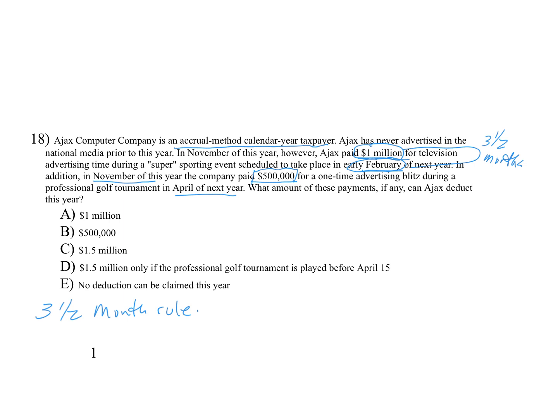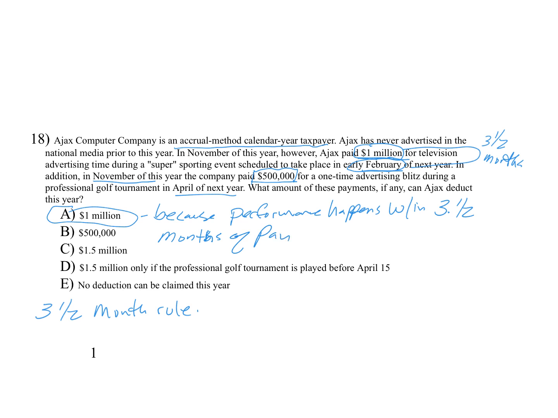But right now, the only thing that is deductible is that $1 million, because performance happens within 3.5 months of payment. All right?